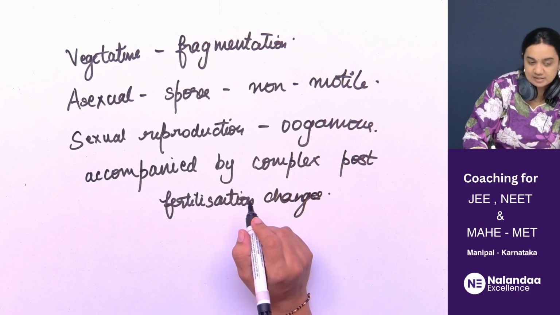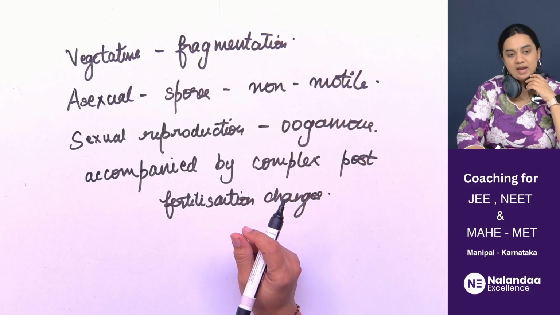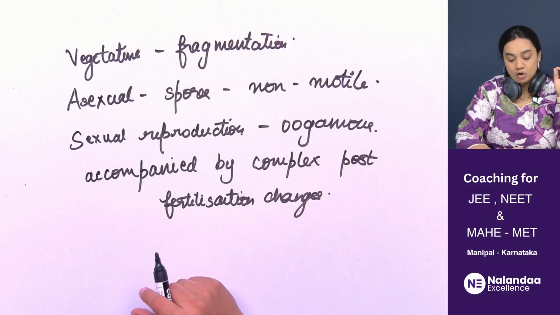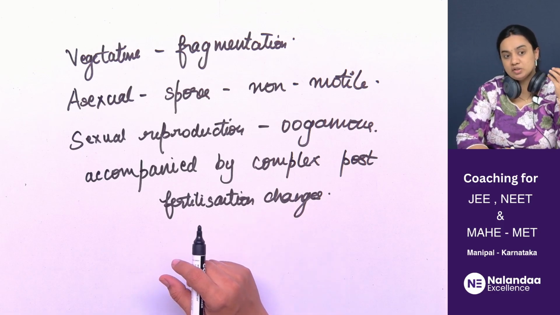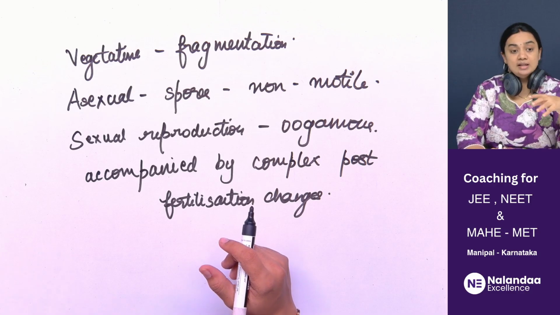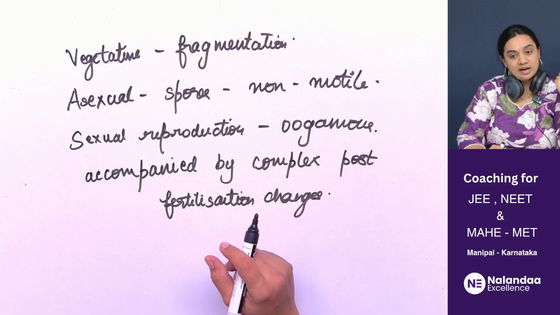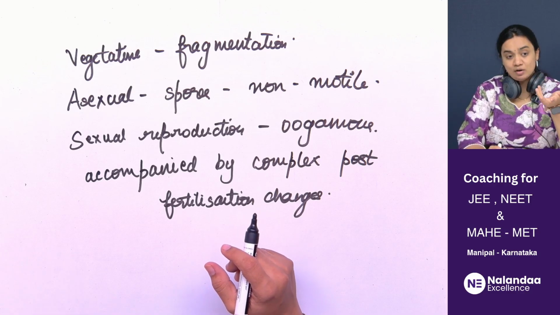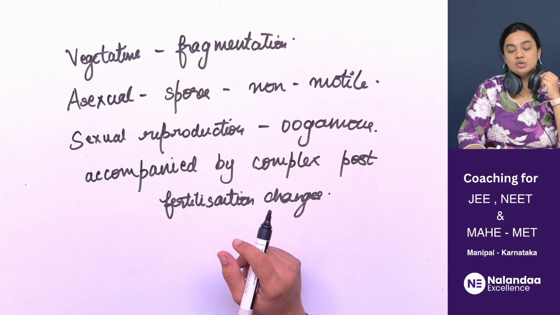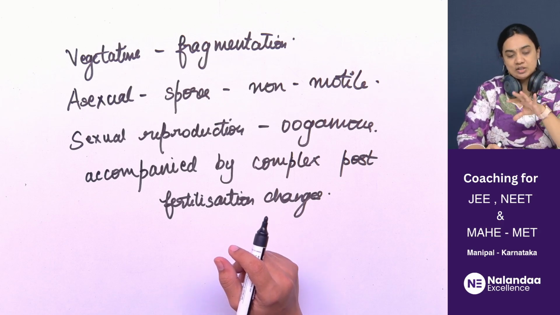Okay, so this is about sexual reproduction. It is oogamous and accompanied by complex post fertilization changes, meaning after fertilization there is a separate plant body kind of thing formed as a result of fertilization.